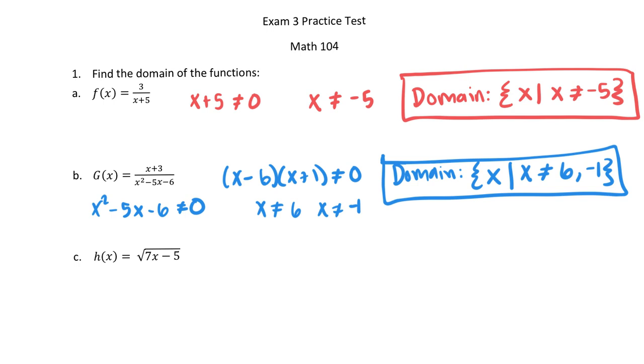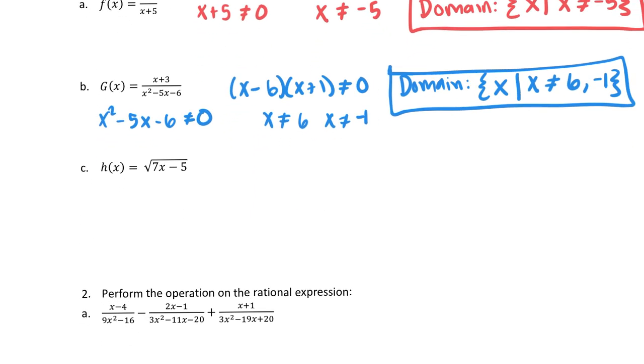Now I'm going to find the domain of a radical. And it's a square root, so that means there is a restriction because the inside of my square root, when I'm talking about functions, cannot be negative. So we have 7x minus 5, that has to be greater than or equal to 0.